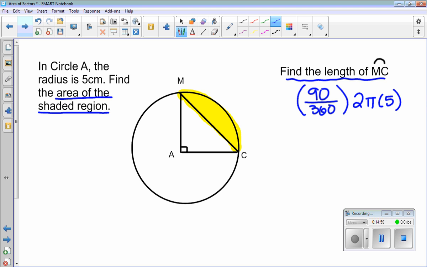We want to find the area. Again, you don't have to write the arc length down, just kind of a, oh yeah, by the way. What process do you think we need to find the area of the shaded region? Because there is a process. What do you think?